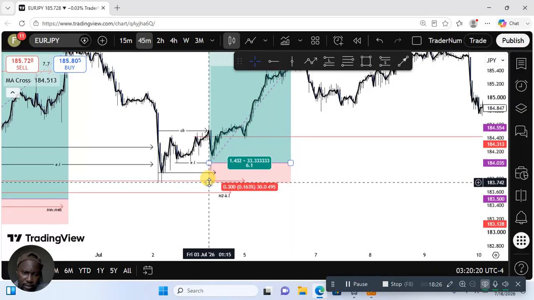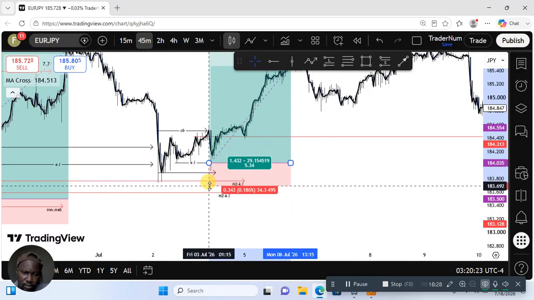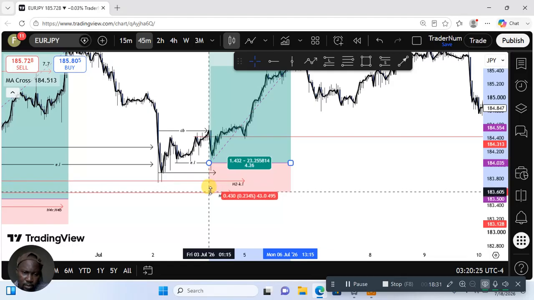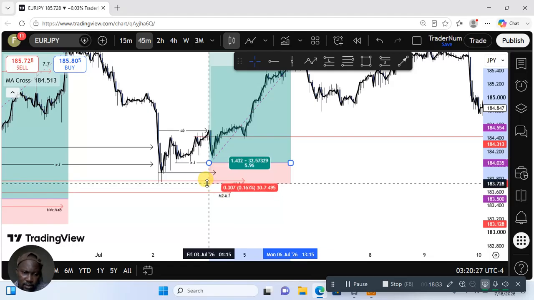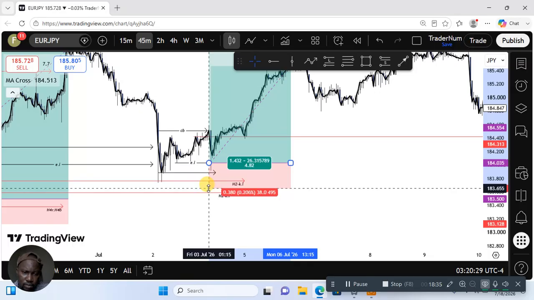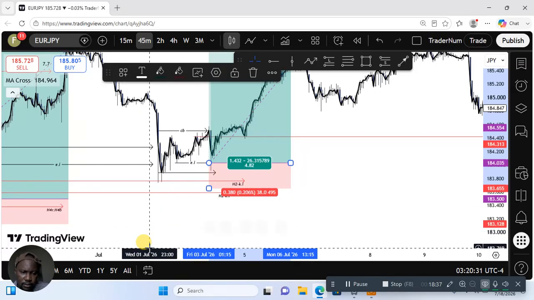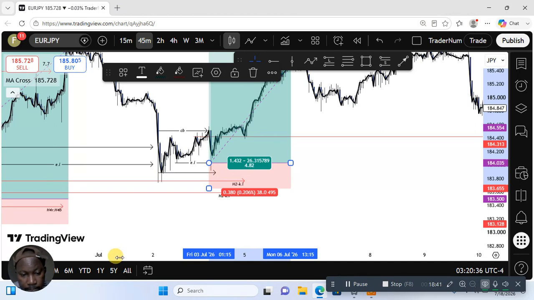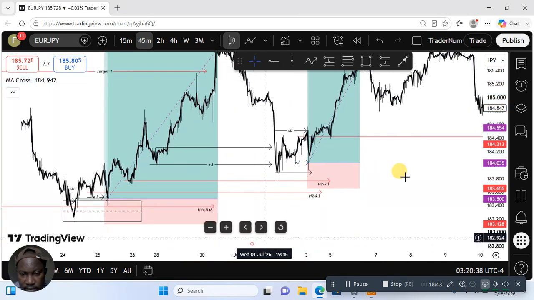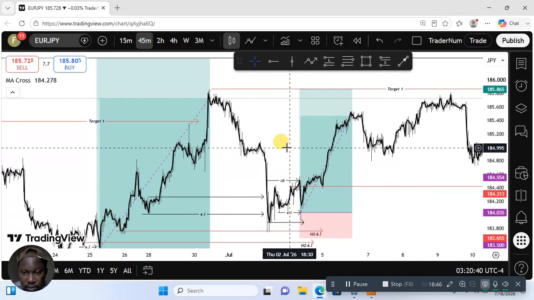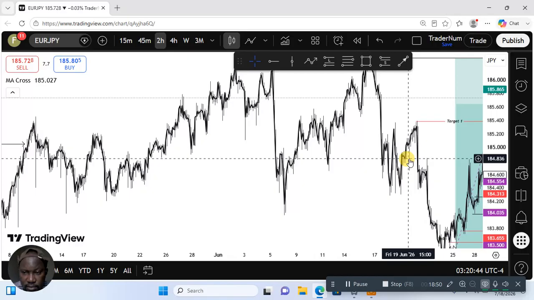So I placed my entry there and my exit there, and my target still will be this other high. That's the 2 hour high, right? Or should I say the 4 hour high? This is my first target. Then overall target is the 4 hour high too. You see how we are building bias.